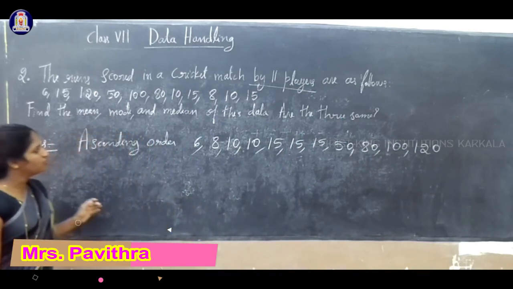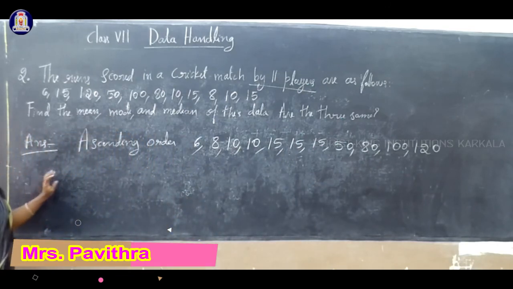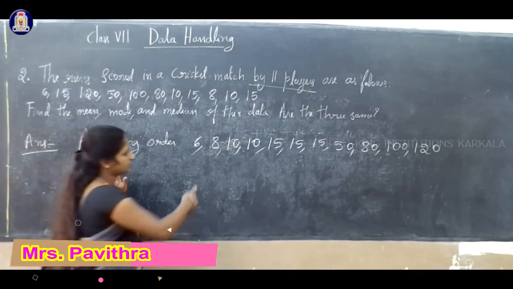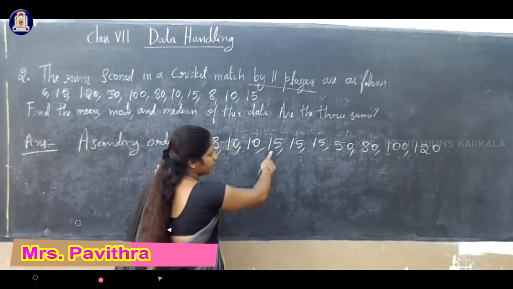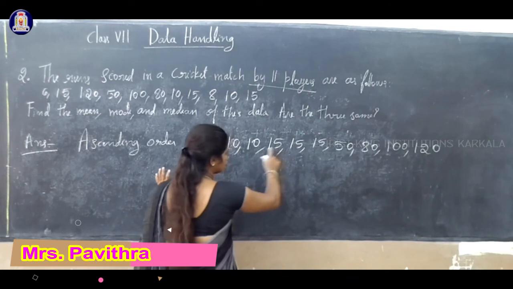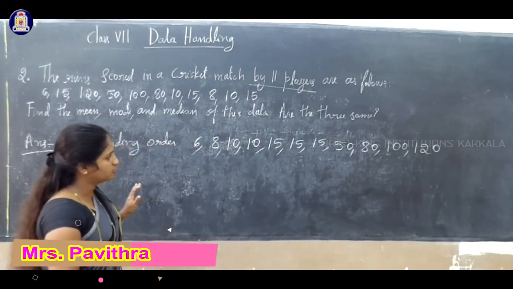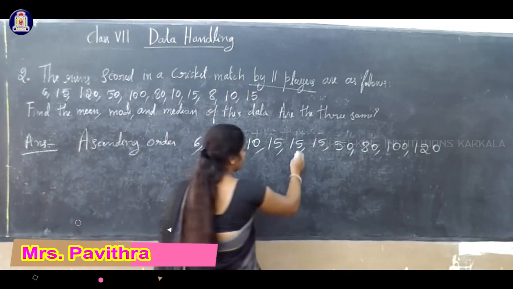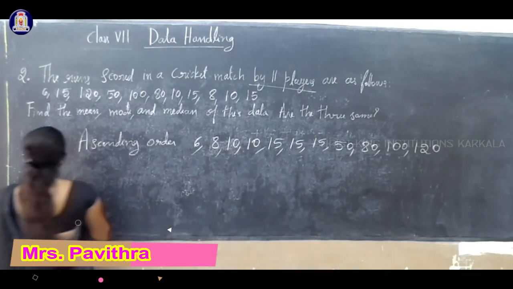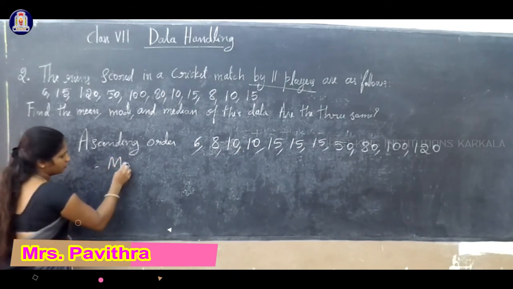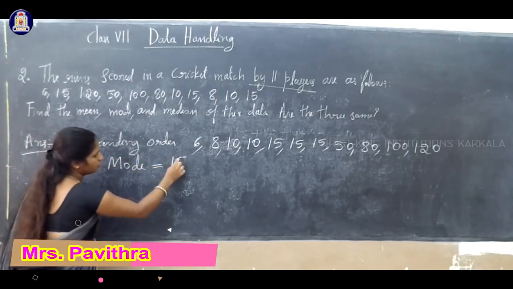So now what we have to do? We have to find the mode. Mode means the most repeated. Which number is repeated frequently, most times? Now you can see the data. In this, 15 appeared 3 times and 10 appeared 2 times. Is there any other repeated? No. Which number? That is 15. 15 is the mode of this data. So therefore mode is equal to 15.